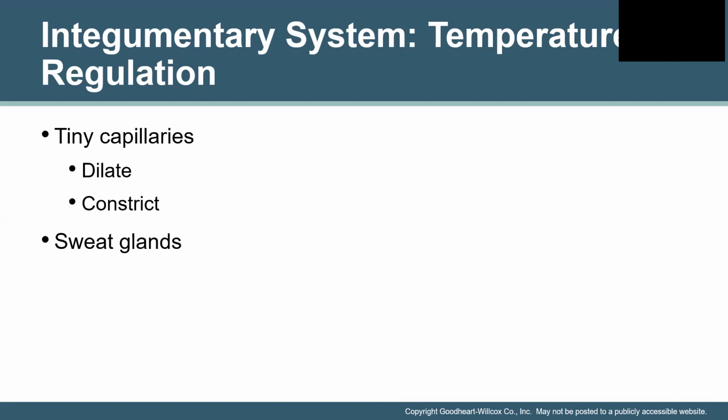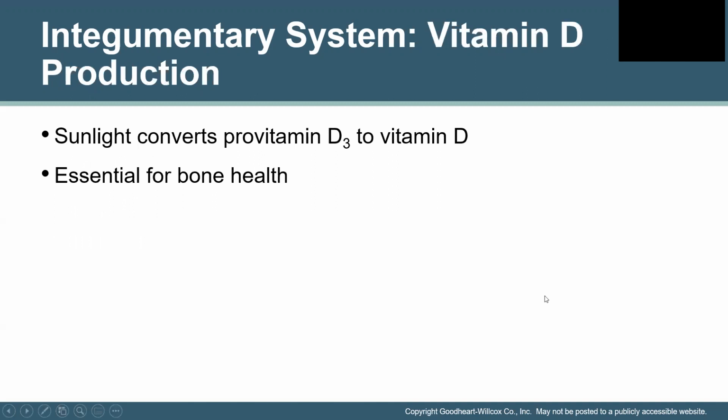Exposure to UVB rays causes the skin's modified cholesterol molecules that we call provitamin D to convert into vitamin D. Vitamin D is essential for health across the board. Yes, we hear about it when we talk about bones, but as we get into the skeletal system, you'll see how much bigger that actually is and how dynamic that system is.